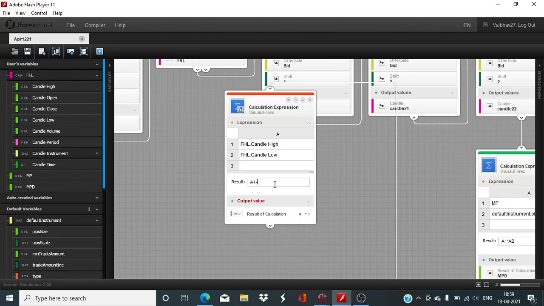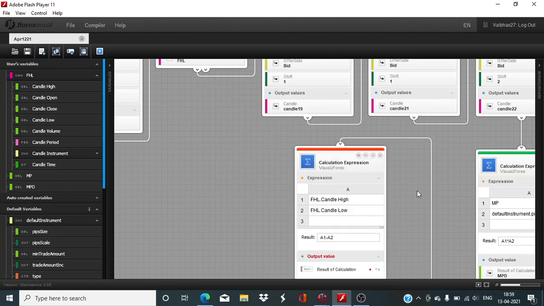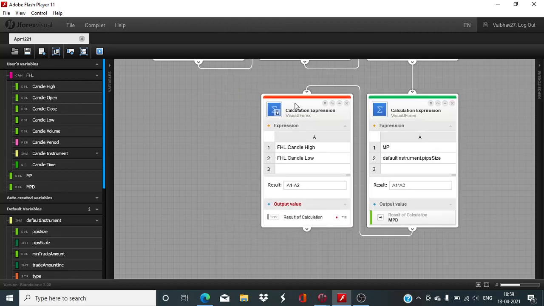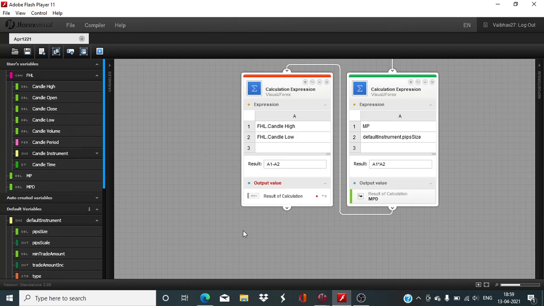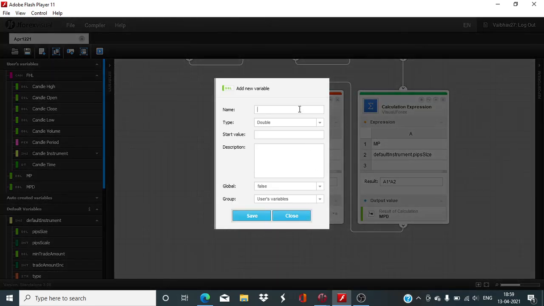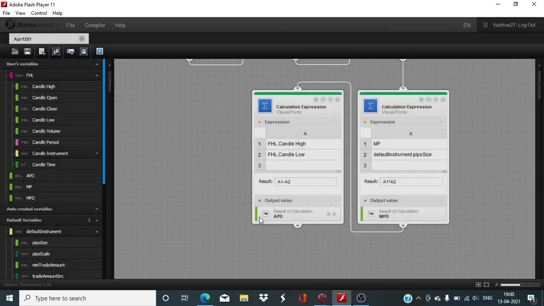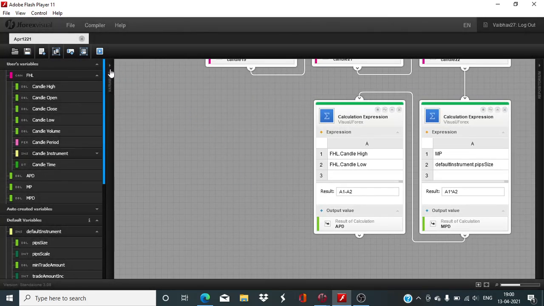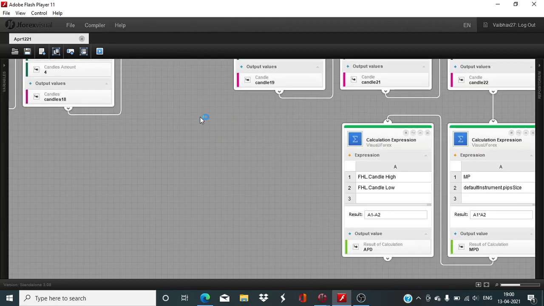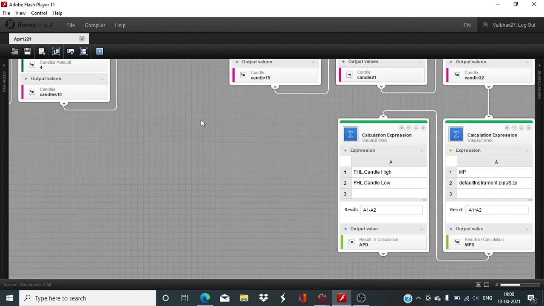A1 minus A2, and this will be the actual difference. Okay, so we have carried out this calculation.